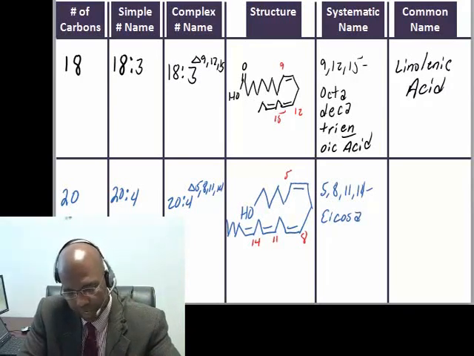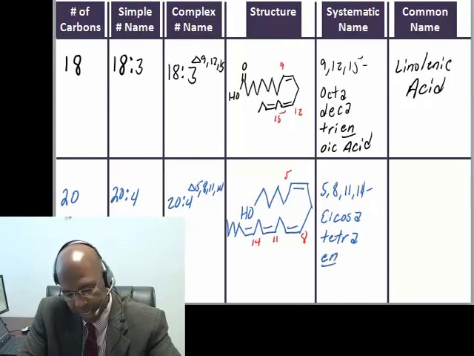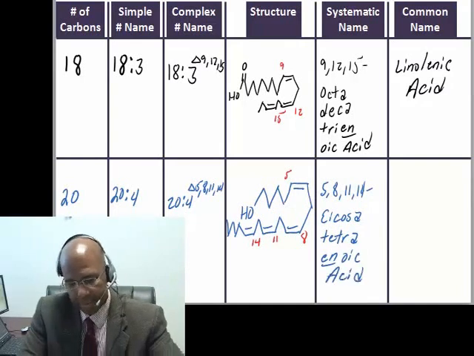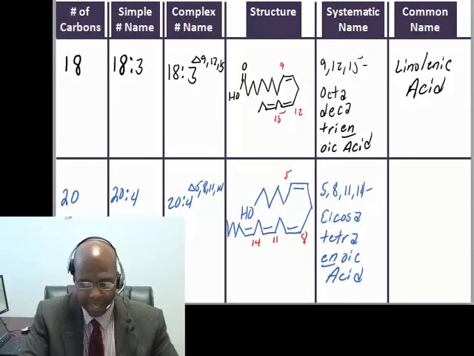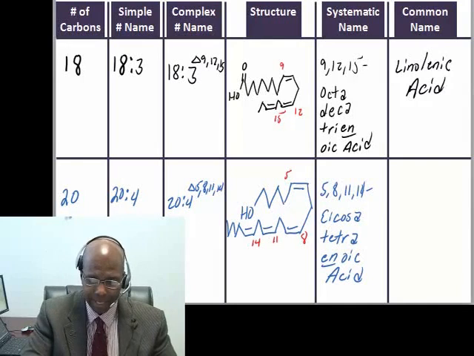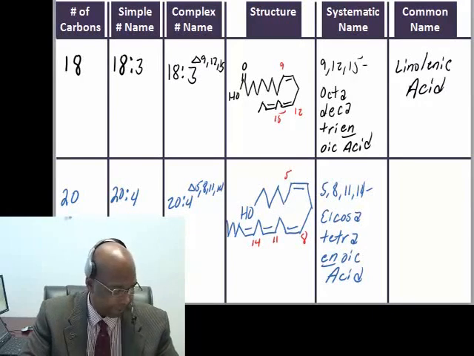And then 4 double bonds, tetra, this is for the number of double bonds, tetraenoic acid. Icosatetraenoic acid. That's the systematic name. 5, 8, 11, 14 icosatetraenoic acid.